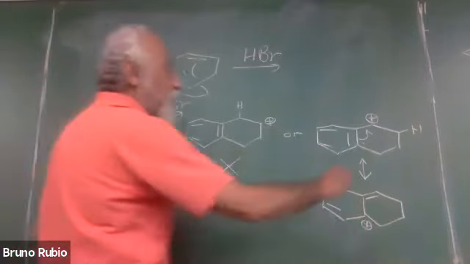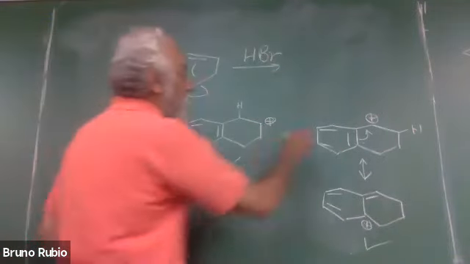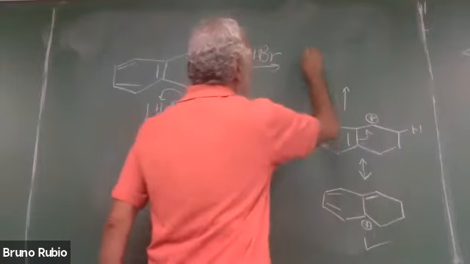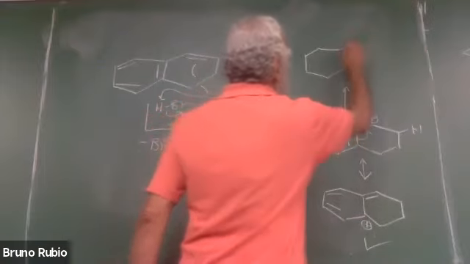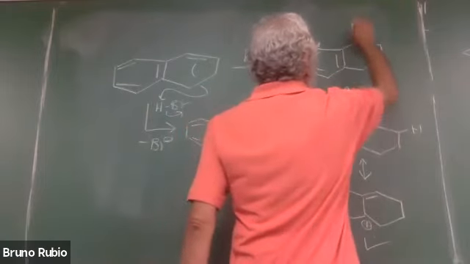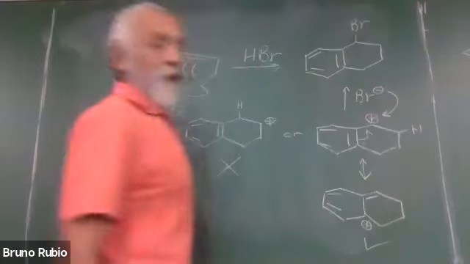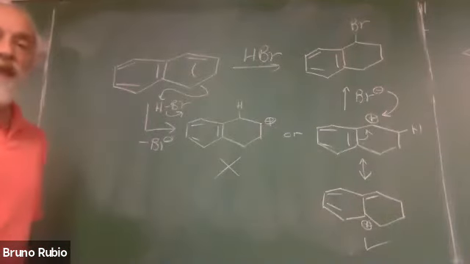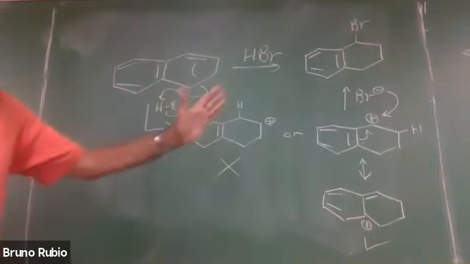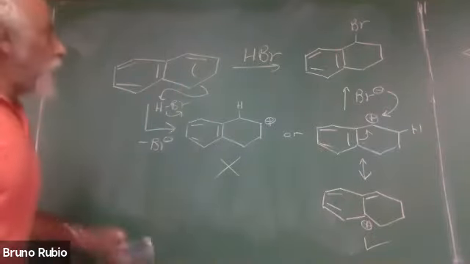This doesn't happen. This is the choice that actually obtains. And so the second step of the reaction is the capture of the carbocation by the nucleophile, which is Br minus. And so this is another example of Markovnikov regioselectivity. All right.